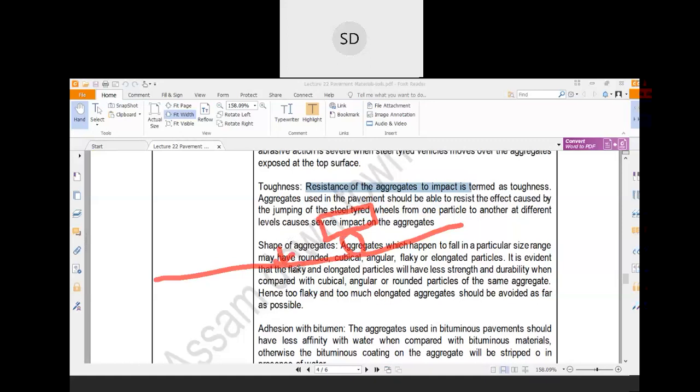Therefore the aggregate must be impact resistant to withstand this type of load. So this is your toughness.